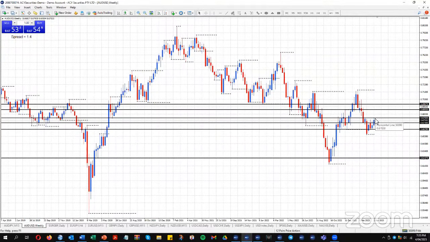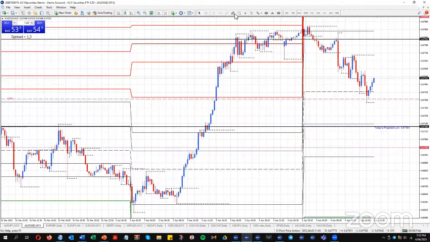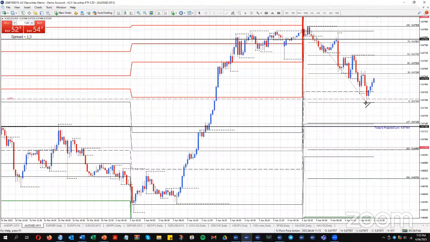We are potentially having a month up now as well, but as I say, whilst we're below 68, there's not much headway for the Aussie there. All right, so I'm just watching up there.